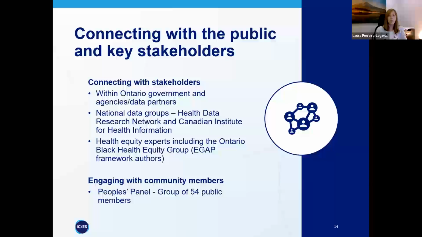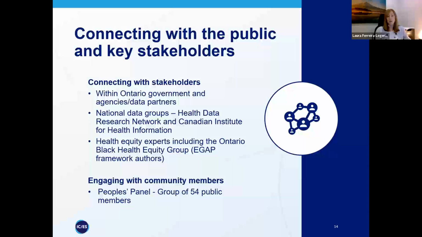We've also connected with other data research groups. We collaborate with the Health Data Research Network, and we're part of their inclusion, diversity, equity, and accessibility group to learn from the work they're doing. We also partnered with CIHI on some of the early efforts they have underway, to make sure we're all sharing the knowledge that we have.